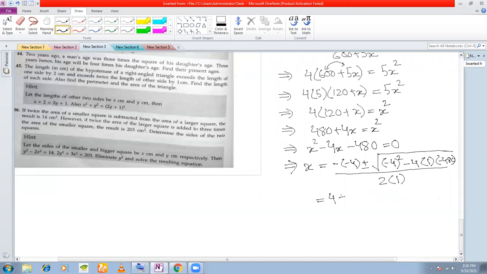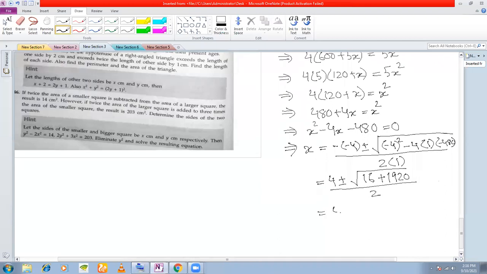You get 4 plus or minus square root of 16 plus 480 into 4, which will give you 1920, divided by 2, which is 4 plus or minus square root of 1936 divided by 2.